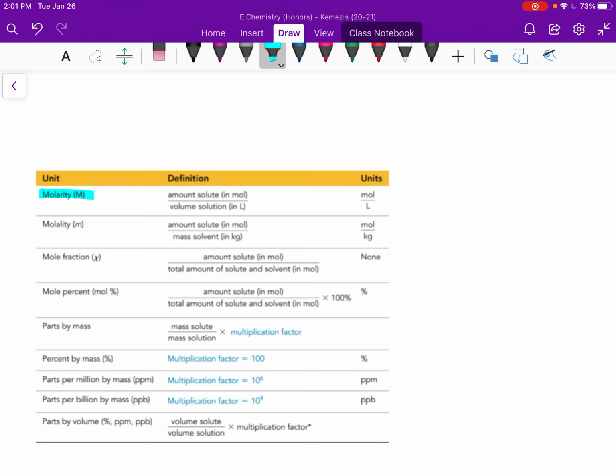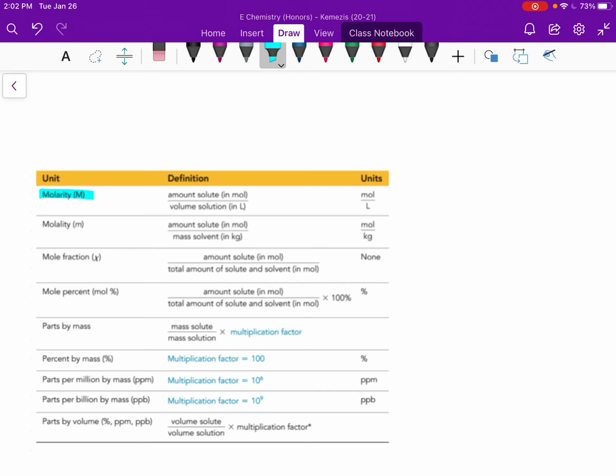So if I had 1 mole dissolved in 1 liter, right, I would say I have a concentration of 1 molar solution, okay? Or my molarity is 1. The unit is capital M, or moles per liter. Then molality, I know they sound a lot alike, right? The literal only difference is an L and an R in the middle of the word, but they mean different things. They both deal with moles, right?